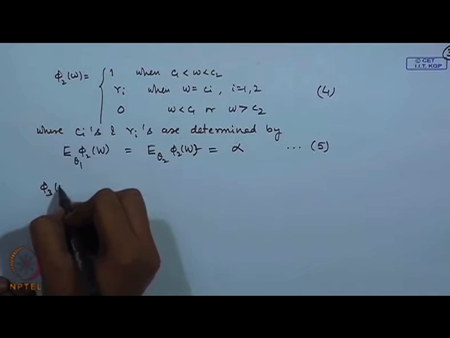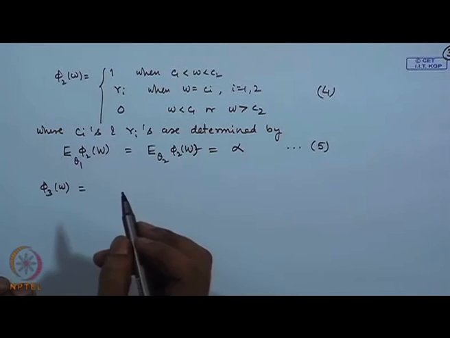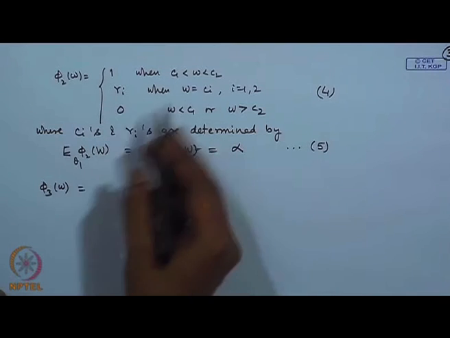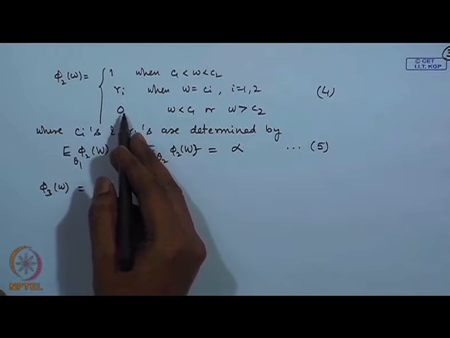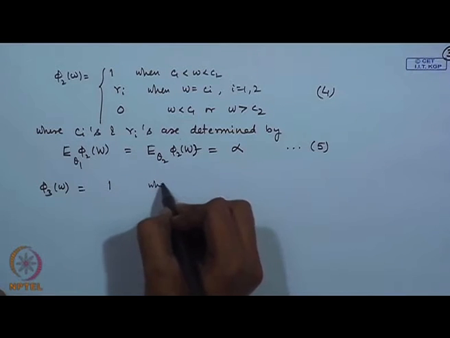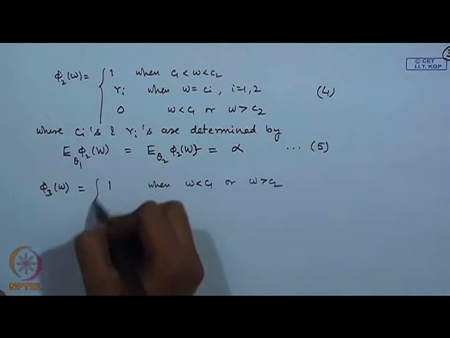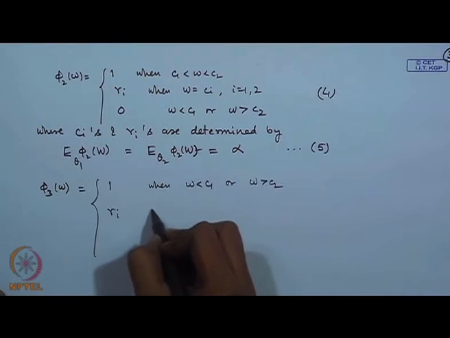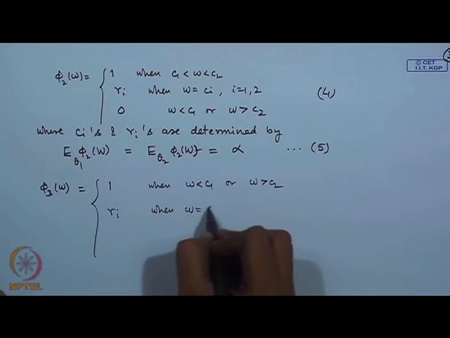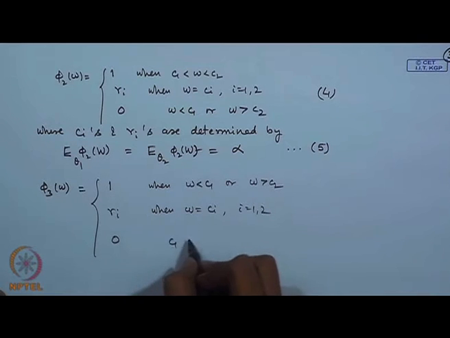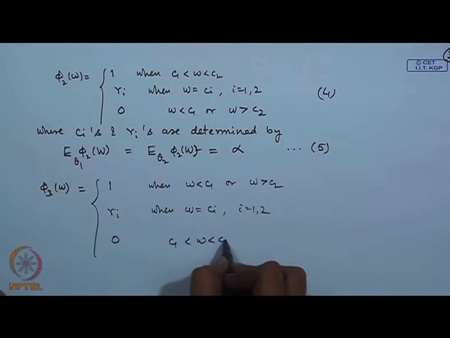Similarly, phi 3 is given by the reciprocal of this one, that is, it will become 1 when W is less than C1 or W is greater than C2. It is equal to gamma i when W is equal to Ci for i is equal to 1, 2, and it is equal to 0 if C1 is less than W is less than C2.